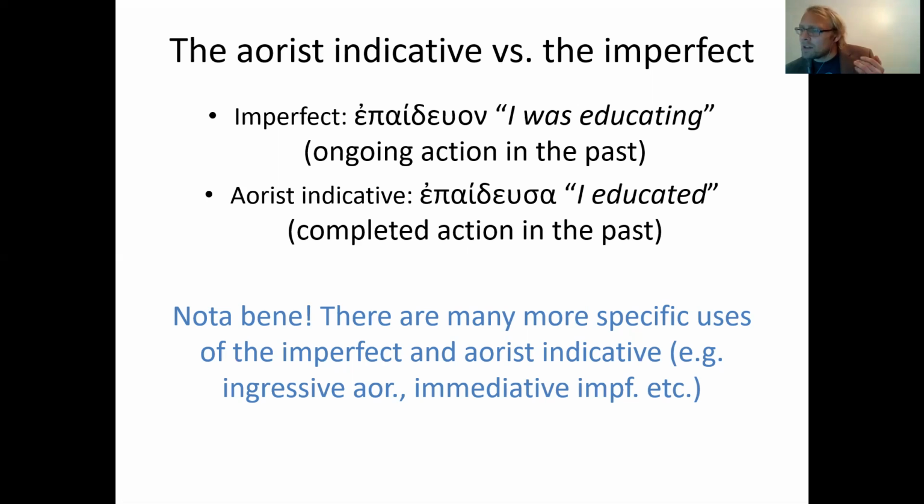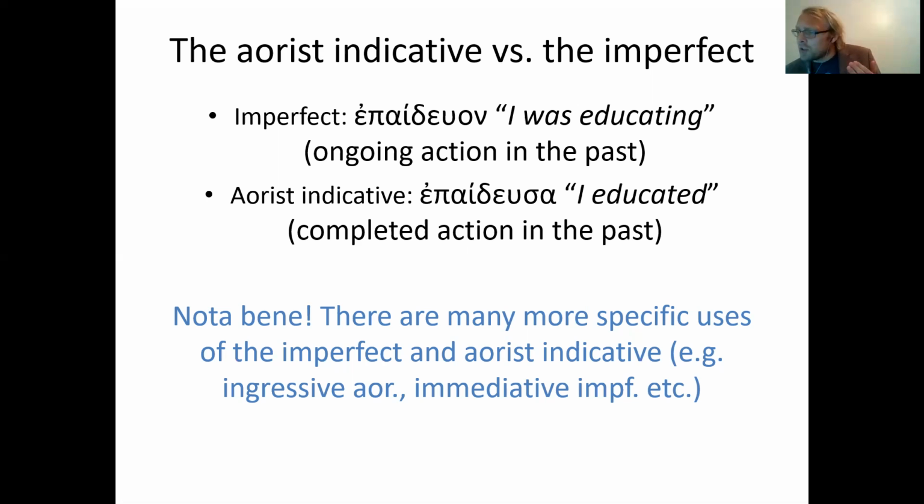Another way of stating the core difference between the aorist indicative and the imperfect is that the action captured by the aorist can be overviewed as a whole, while an action given expression to with the verb in the imperfect tense cannot be thus grasped.